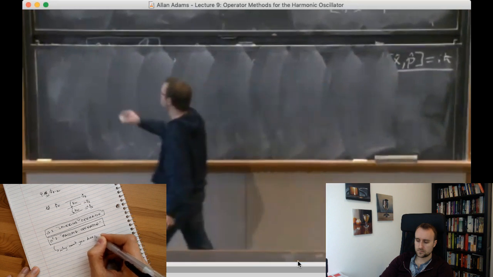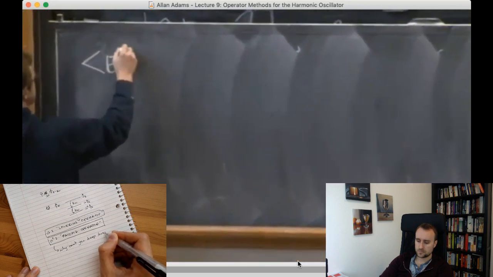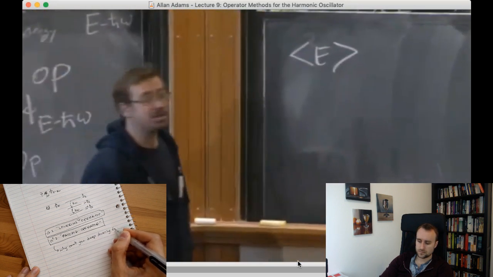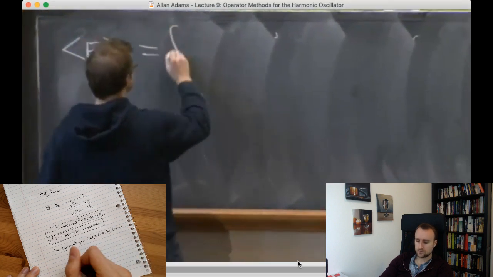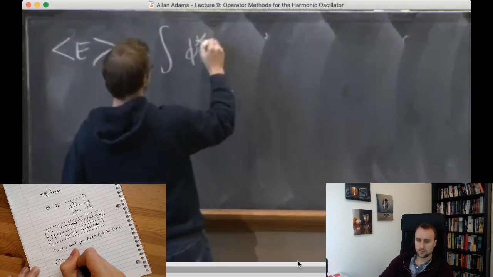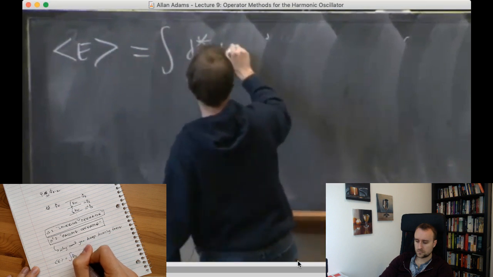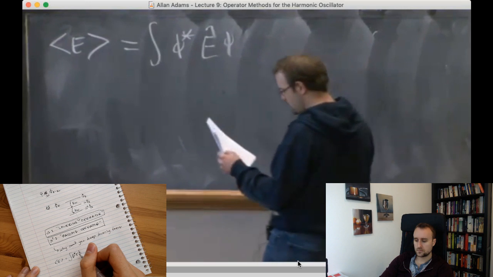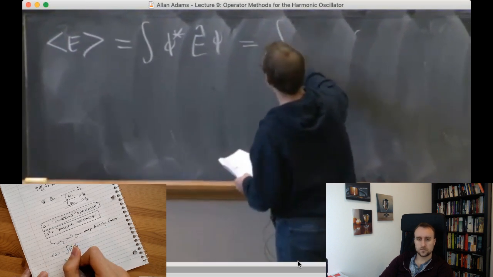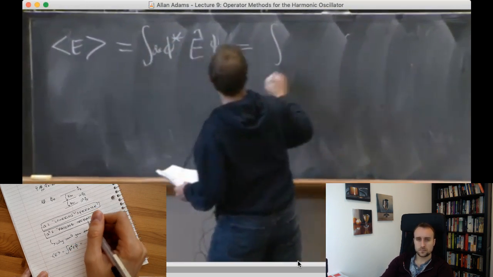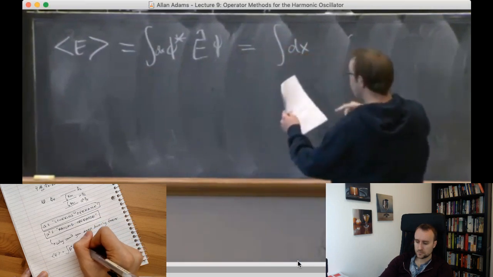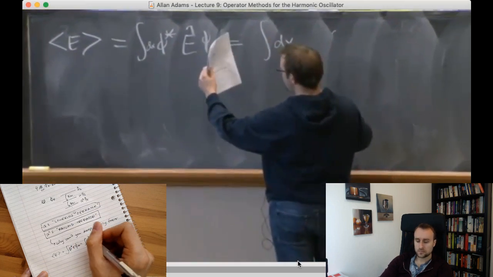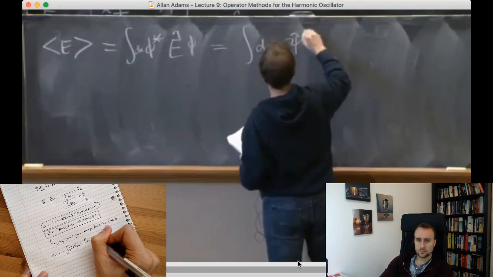The energy expectation value in any state can be written as the integral of phi complex conjugate E phi. Let's just put in what the energy operator looks like. So psi tilde, we can take the Fourier transform, right?